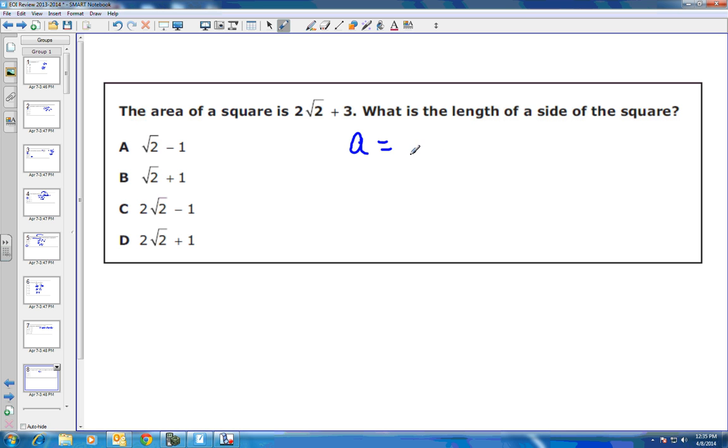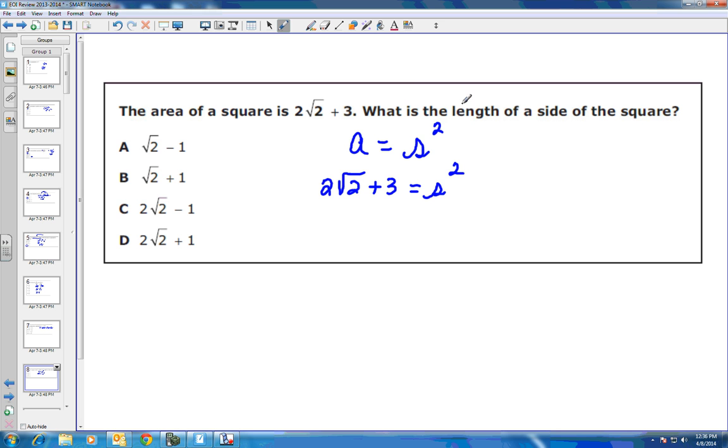So could I write it as side squared? That's how I always write the area of a square. Because base times height, they're the same letter, so when I multiply them together, it's that squared. Okay? So now they told me what the area is, so I'm going to plug that in. 2 square root of 2 plus 3 equals my side squared.